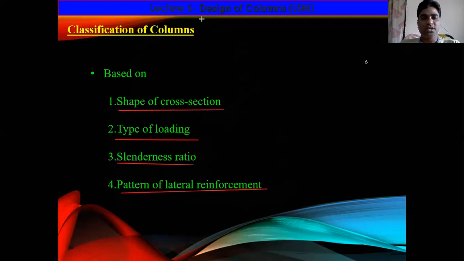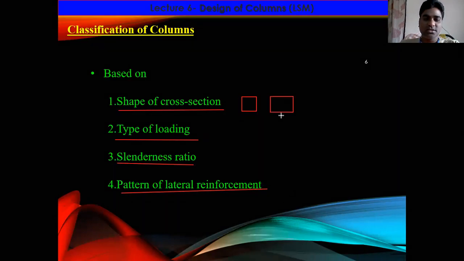If you provide a square shape, then you call it a square column. If you provide a rectangular one, for example, with this length and this width, then we call it a rectangular column. Next, if you provide a circular one, we call it a circular column.